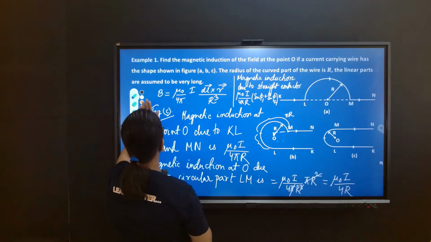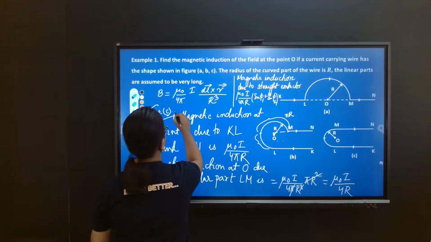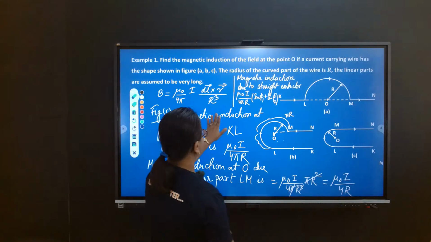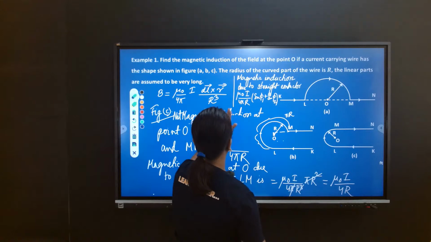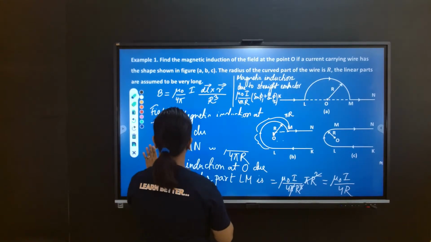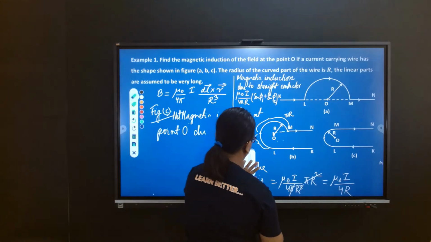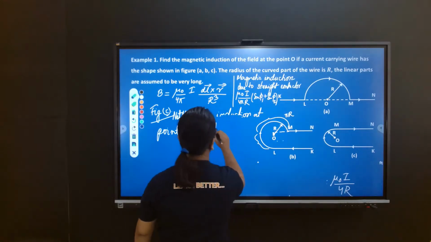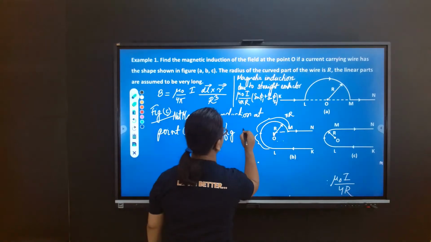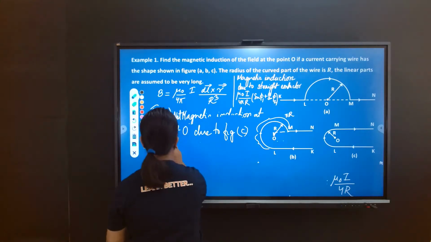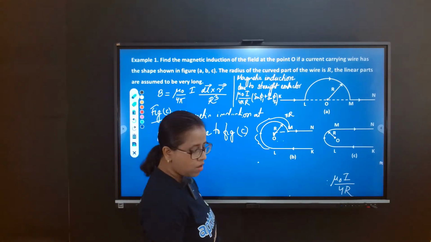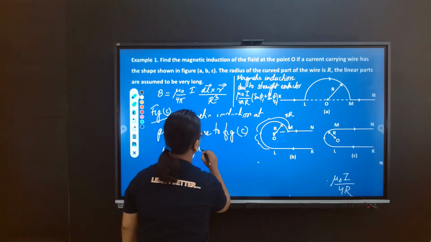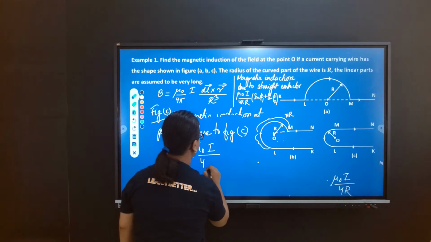So the net magnetic induction at O due to figure C is, let's look at the first term. We have mu naught I by 4 pi r.